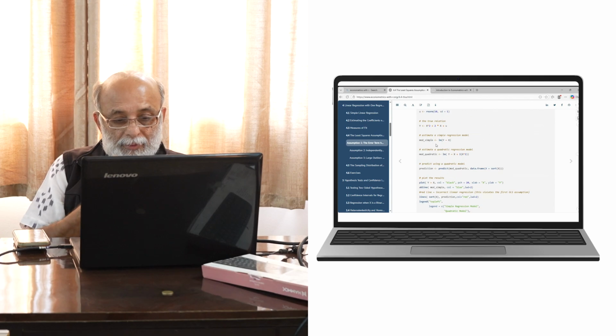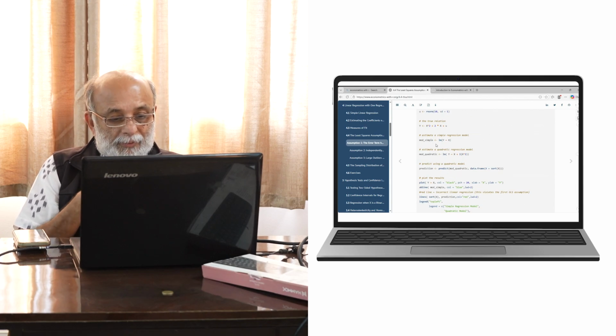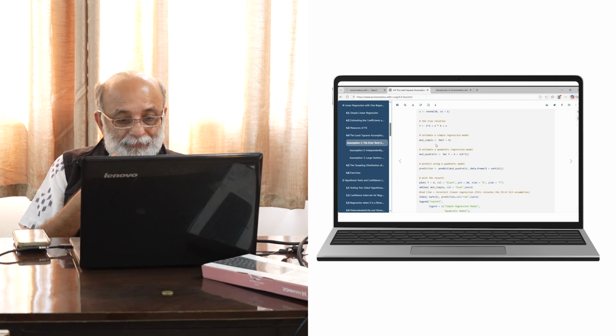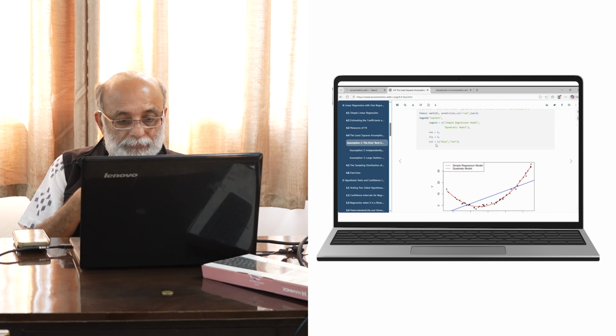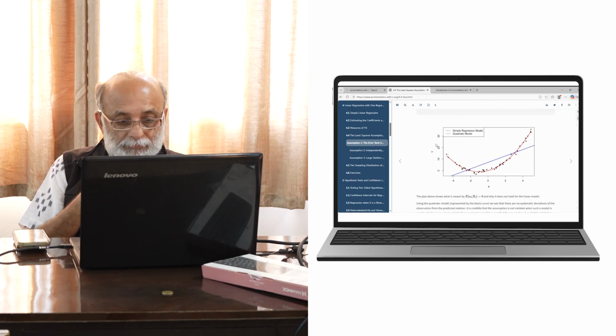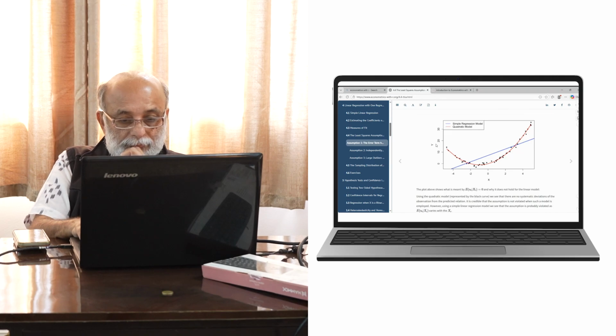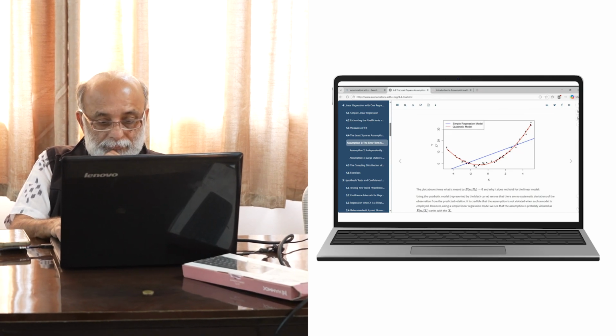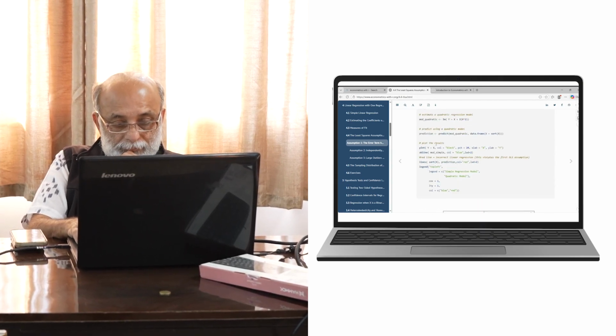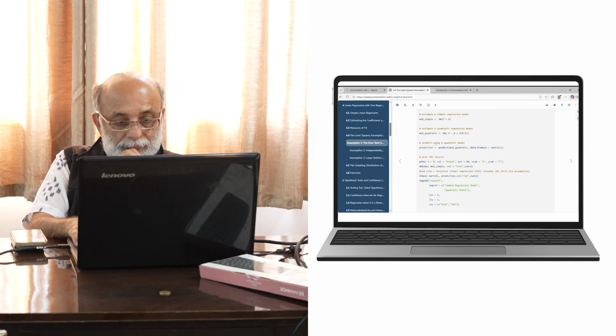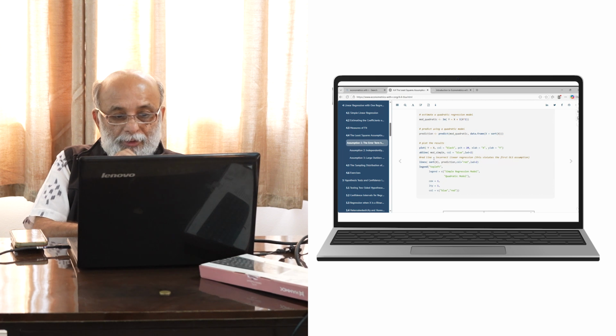So the red line will be the... So basically you have to produce this graph, plot.